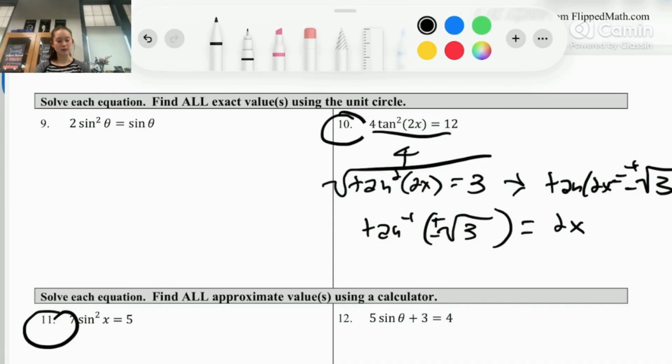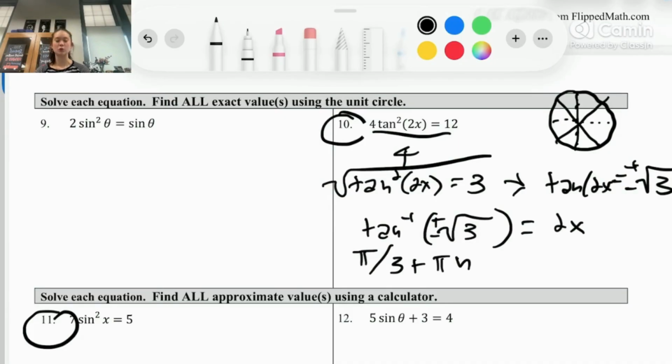From there, you'll be able to tell from the unit circle that you draw that it will be these values here. Based on those, when you apply it out and see what works for both these values, it'll get you pi over 3 plus pi n, we're just going to use n as our variable, and 2 pi over 3 plus pi n.